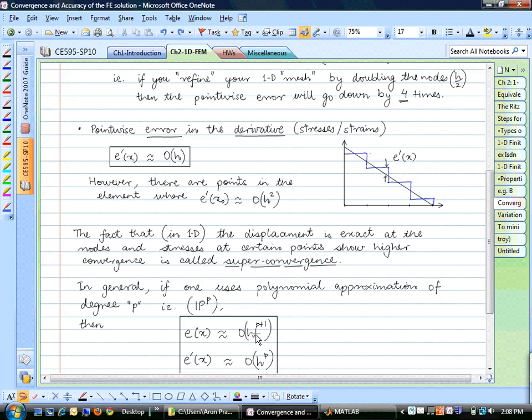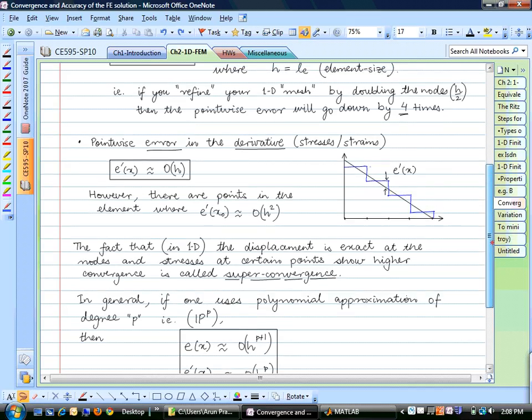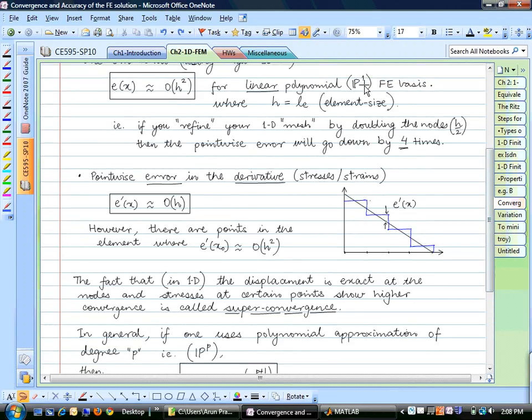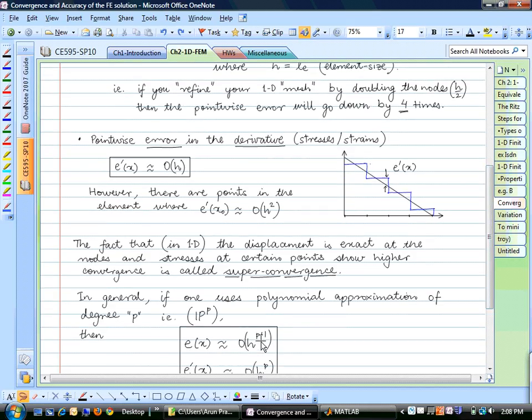Error in the displacement is going to be of the order of p plus 1. And what does that mean? Right here, when polynomial order was 1, the error was p plus 1, which is equal to 2. If you're using quadratic elements, your error will go down by 3 orders of magnitude when you increase the number of elements.